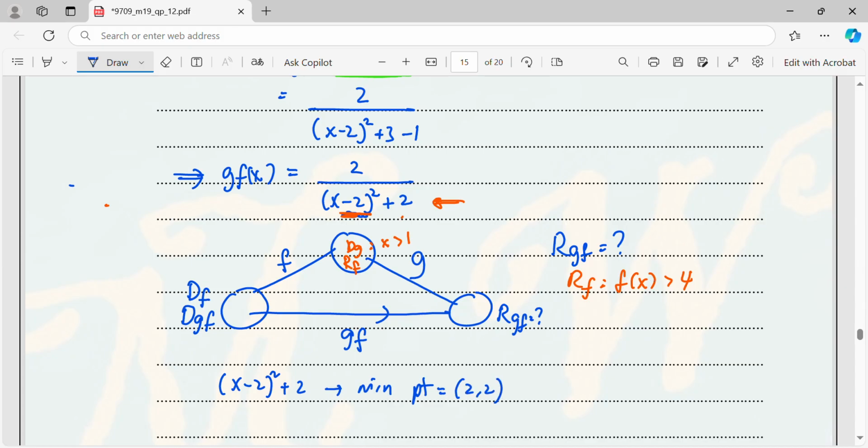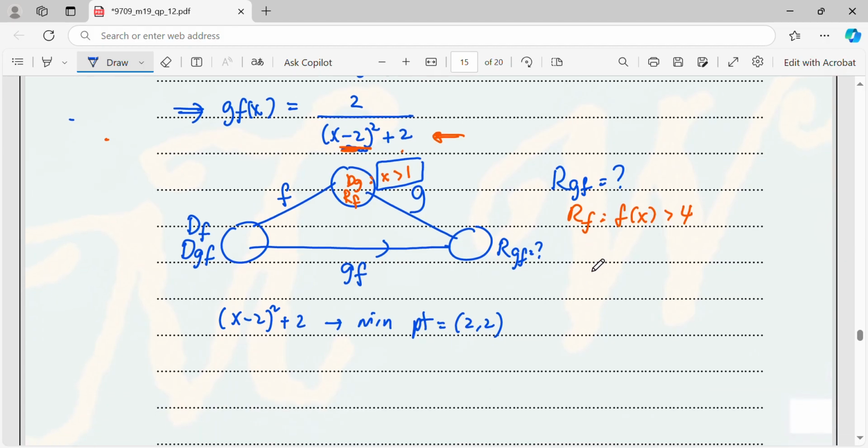But your domain x is greater than 1, the domain for g. So to get the range of gf, you must refer to the domain of g as well, because this is basically the range of g, and at the same time here is also the range of gf. So you may refer to this method.